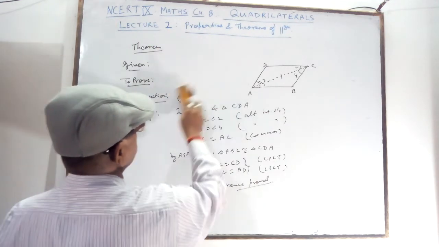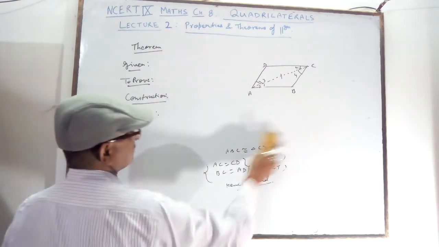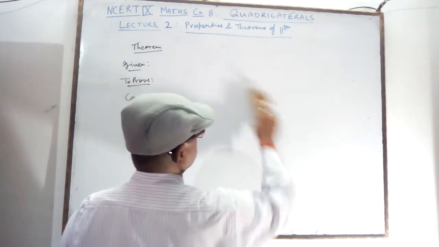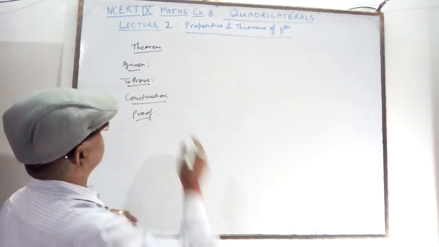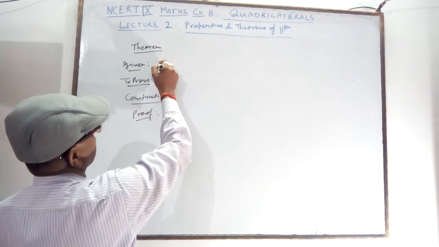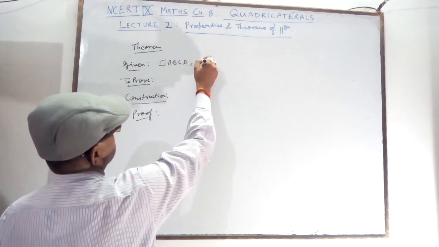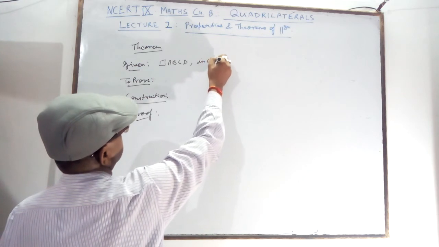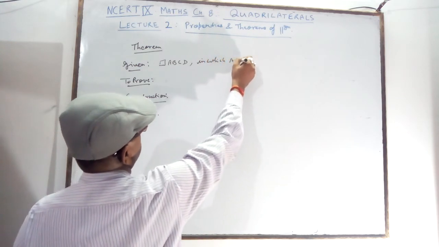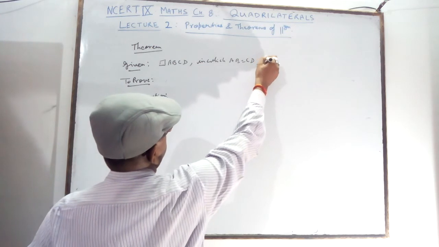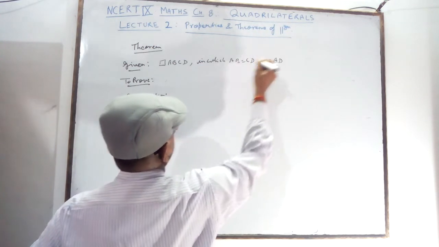If each pair of opposite sides of a quadrilateral are equal, here given quadrilateral ABCD in which AB is equal to CD and BC is equal to AD.